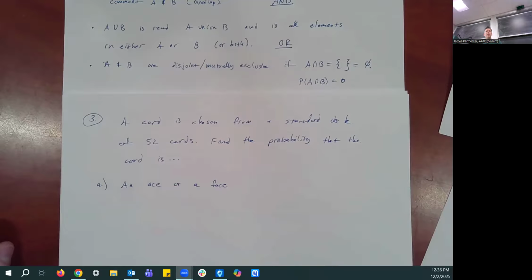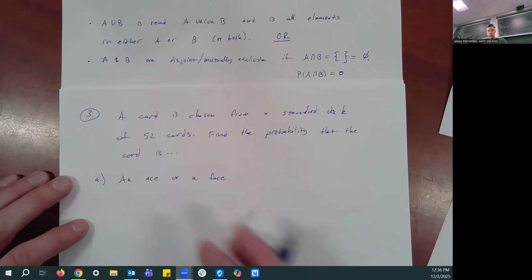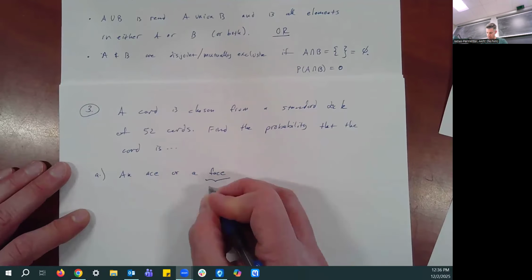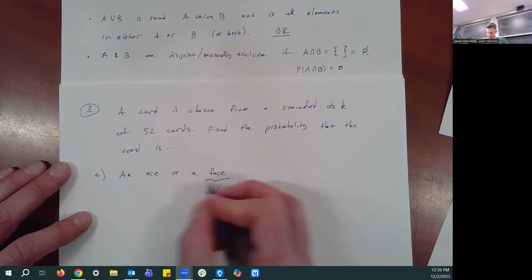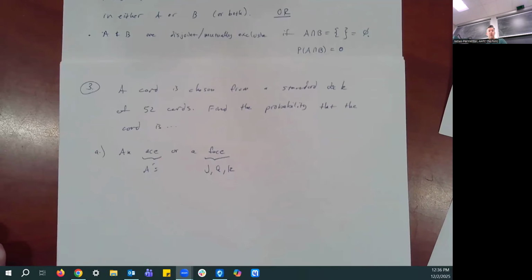So what do we mean when we say a face? We mean a jack, queen, or king, right? Those are your face cards because if you look at the cards, they have faces on them. So faces are the jacks, queens, and kings. Aces are the aces. How many such cards are there?